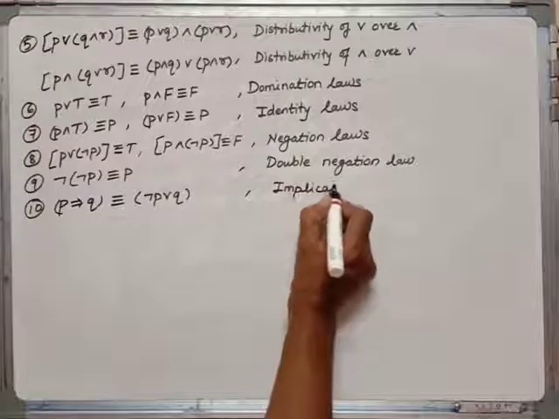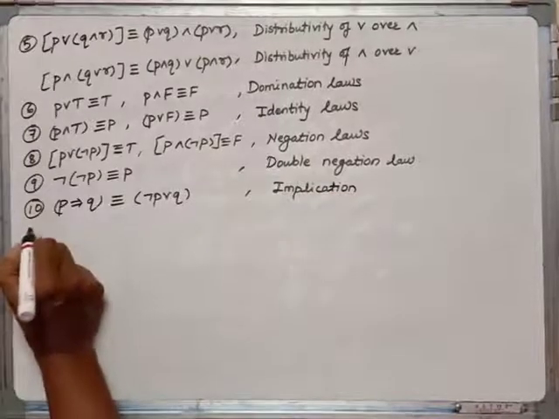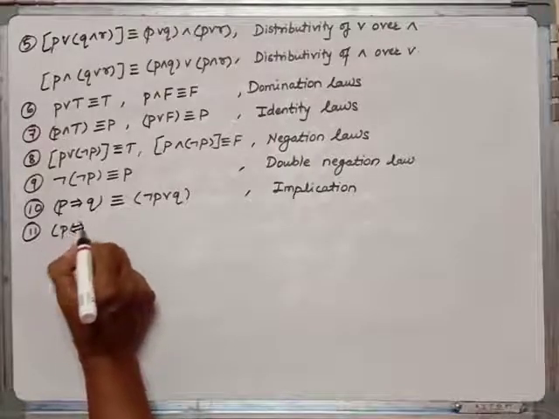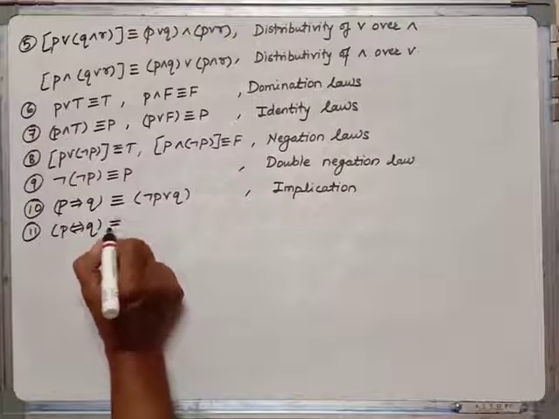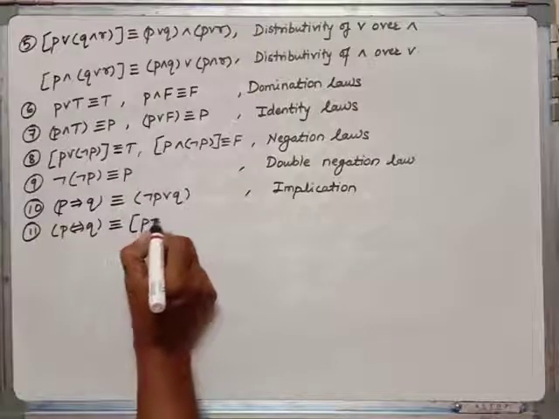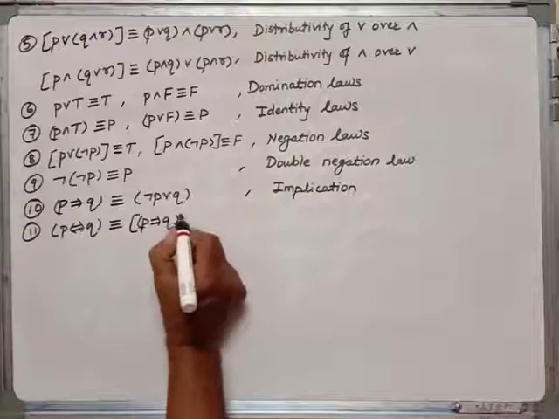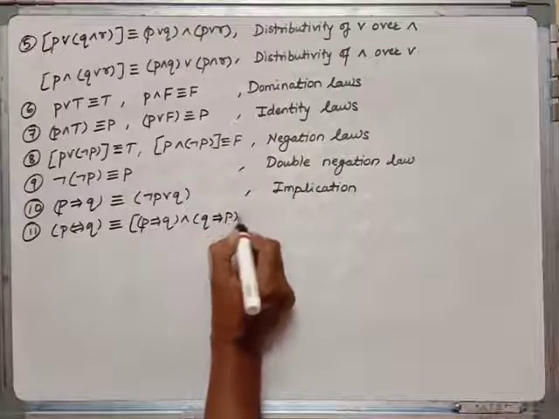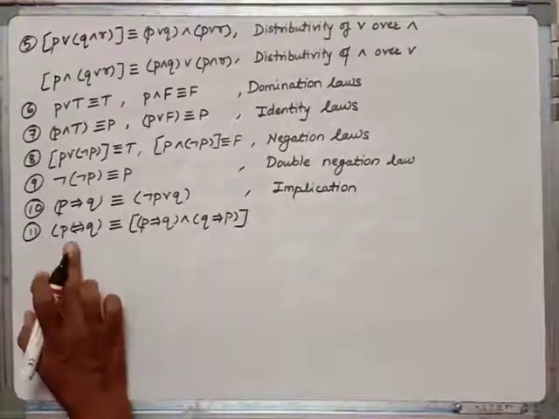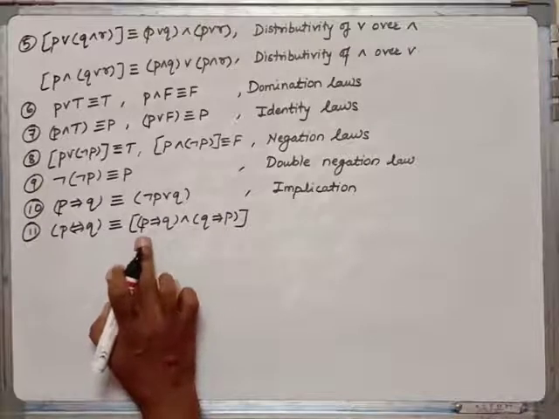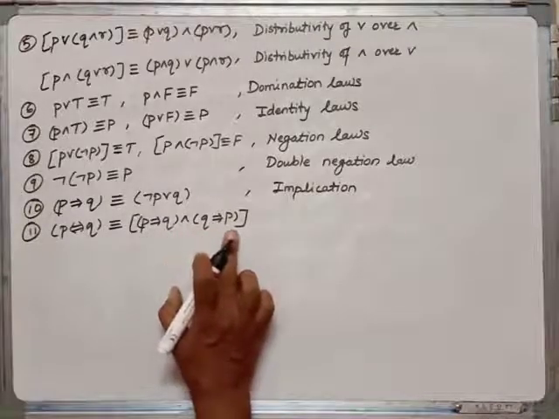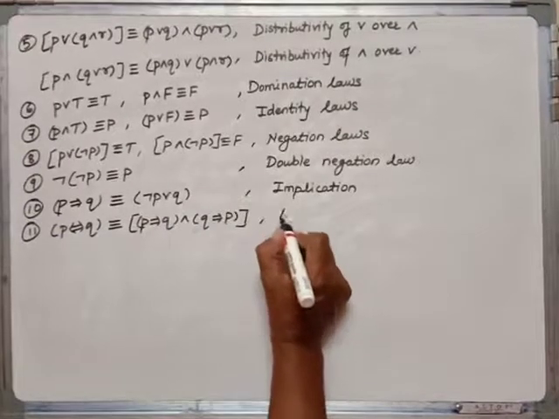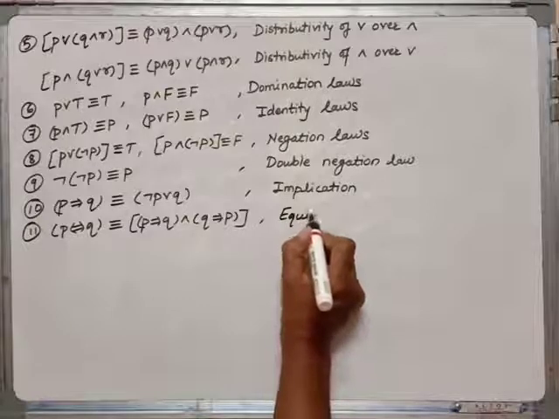Then next one, P if and only if Q is equivalent to P implies Q and Q implies P. Both way implication, you know that. When we prove P if and only if Q, we are proving if P then Q and if Q then P. Converse part is this. So this is known as equivalence.